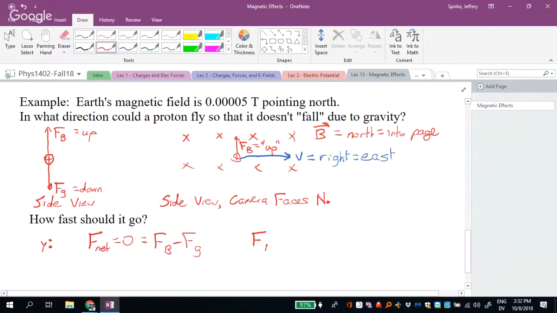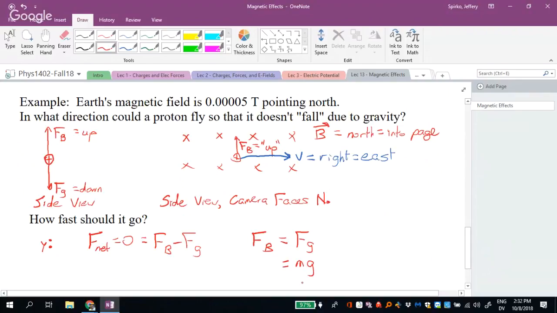So this is FB strength is FG strength. In order for two forces to cancel, they have to be equal and opposite. And then how strong is gravity? 9.8 times G, or times the mass. And so this is mg.